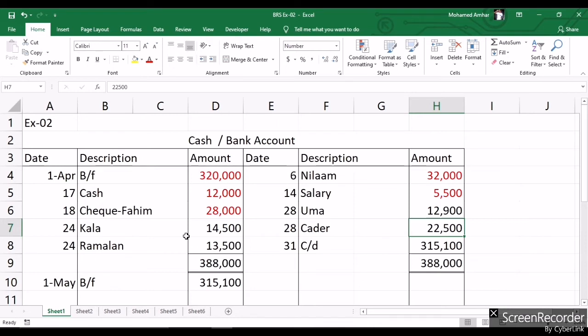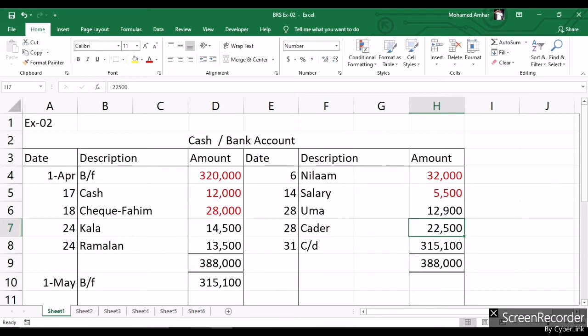Until the statement is received, the organization does not know about it. That's why the organization has not recorded it in the cash book. So now we have to assume that it is an error of the organization, not recording it. So we have to record that in the adjusted cash book.